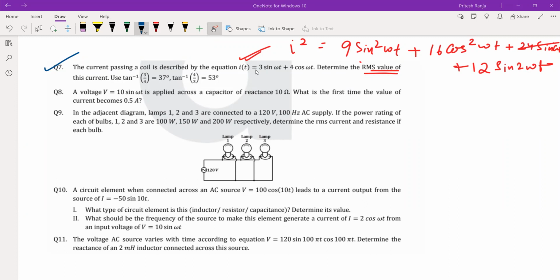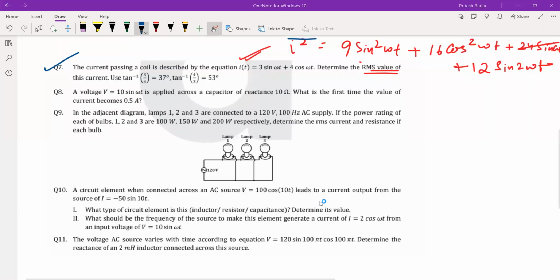Anyone else? Let me know how to find the RMS value. So very simple, we just do I squared.